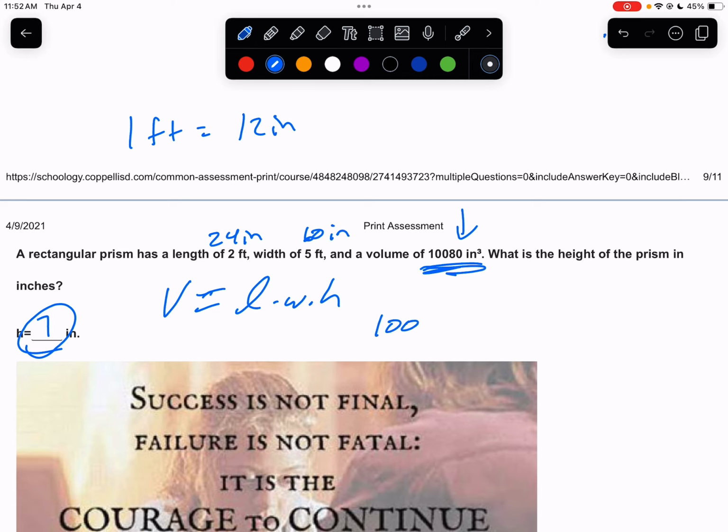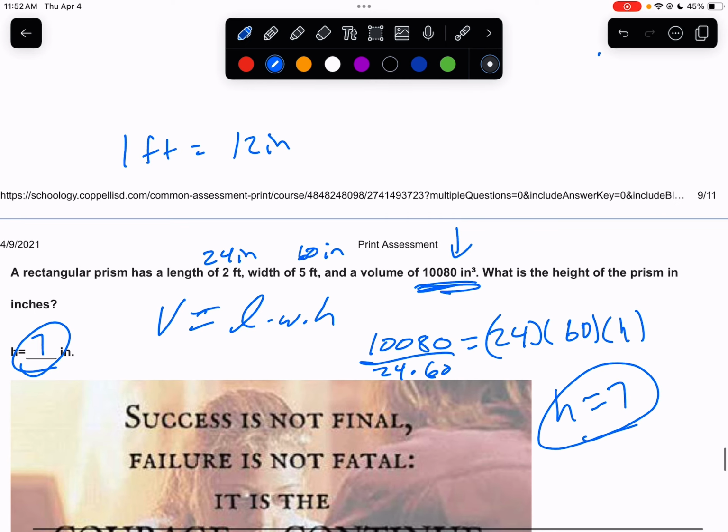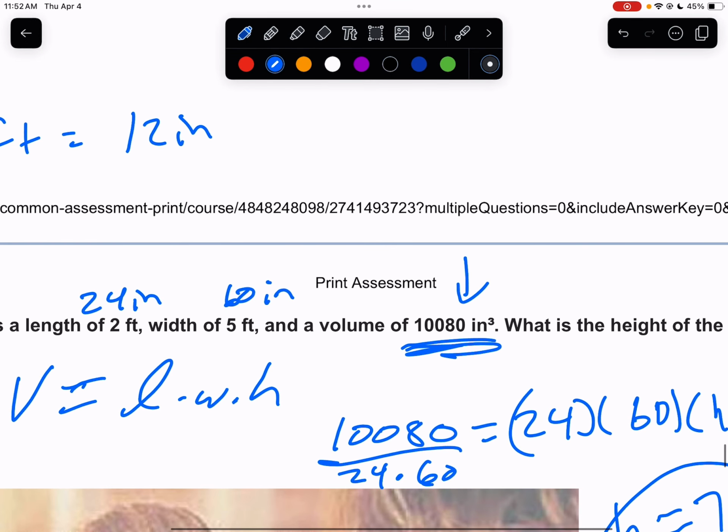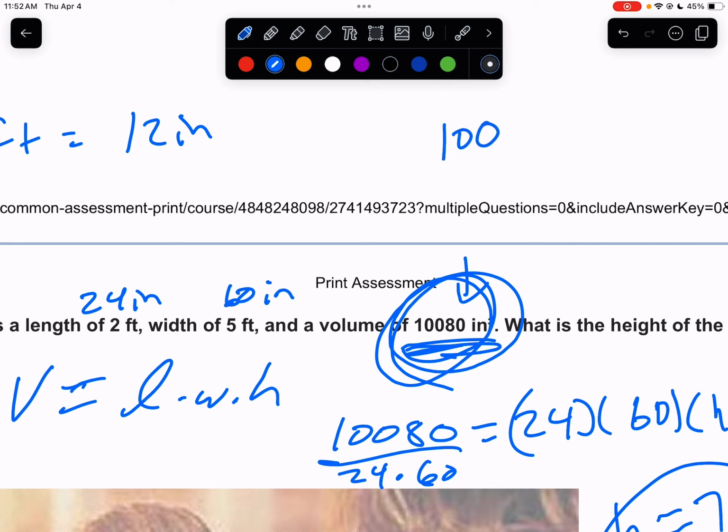So 10080 would equal length, 24, times width, 60, and then we want to know the height. So divide by 24, divide by 60. So 10080 divided by 24, divided by 60, and the height would have to clock in at 7. You got to use the correct units. If you were trying to convert this number into feet, you would have to do 10080.